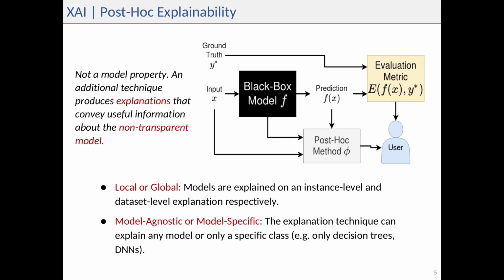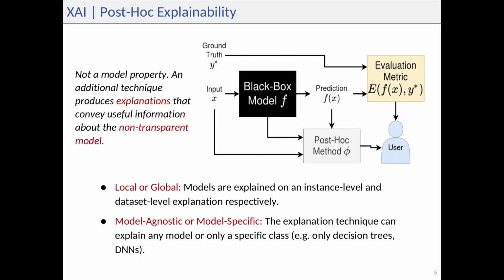The first distinction that we should make is between local and global explainability or explanations. We refer to explanations as local if they are about one specific instance, so one input-output pair, or very few. Whereas global explanations are more about the model overall, or at the dataset level, or at the same time could be referring to a large list of instances.